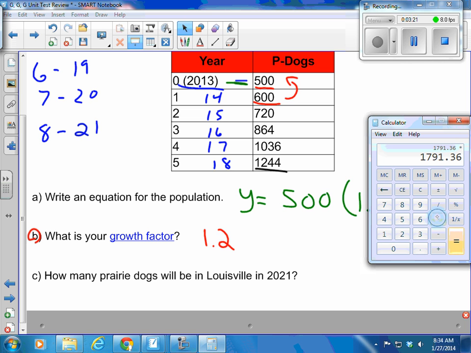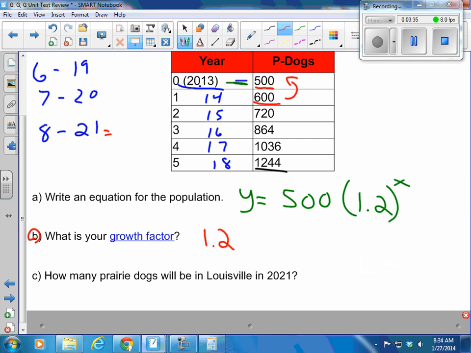That's year 7 times 1.2. That should be year 8. And obviously, we want to round it off because we can't have 0.6 of a prairie dog, at least alive. So my answer is about 2,150 prairie dogs in the year 2021.